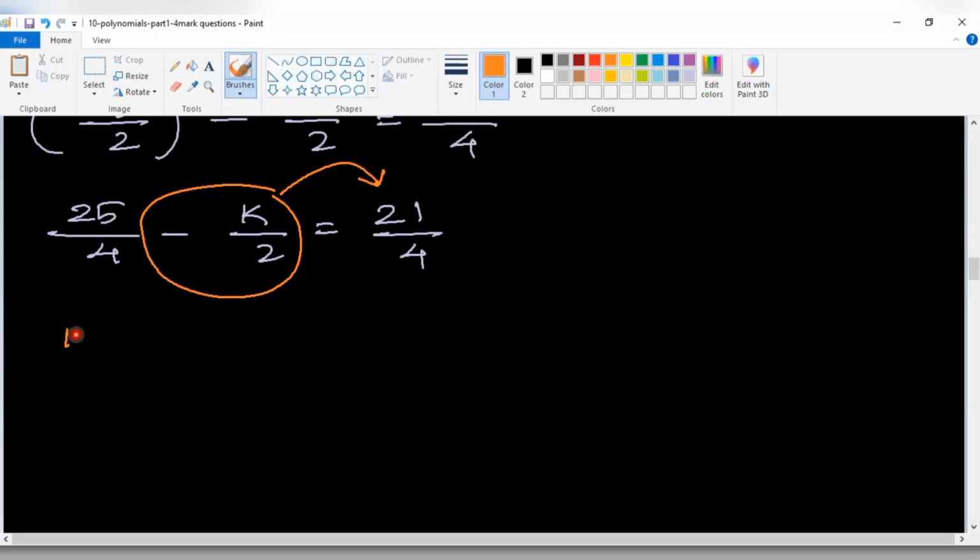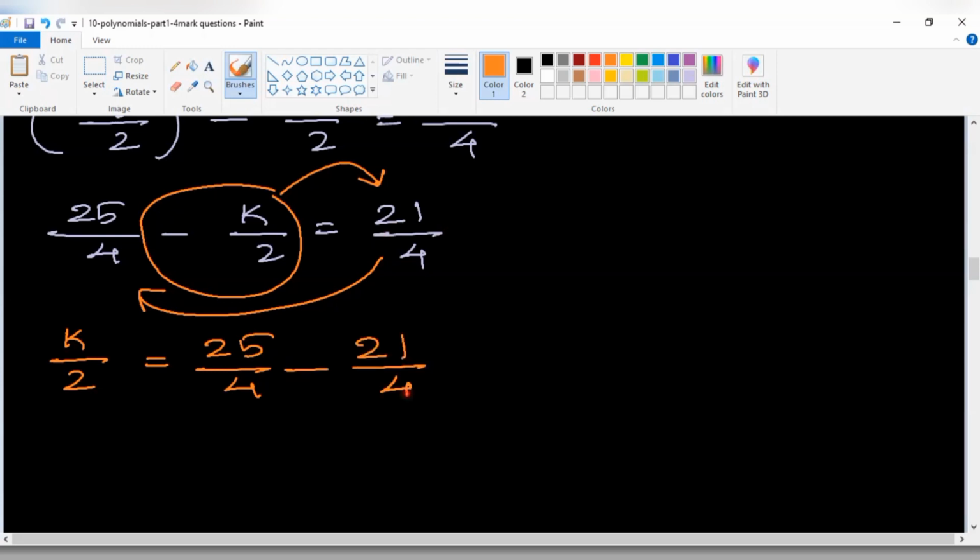So k by 2 is equal to, when we have taken k by 2 here, we have to take this 21 by 4 to the other side. So 25 by 4 is already there and this 21 by 4 is positive here. When it is taken to the other side, it becomes negative. So minus 21 by 4.